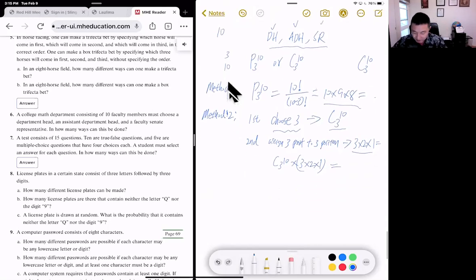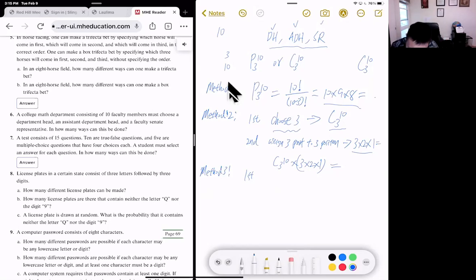You can also think of it a different way, method number 3. You can think of this experiment as 3 steps. The first step is we choose one professor from the 10 professors and assign him or her to the department head position.